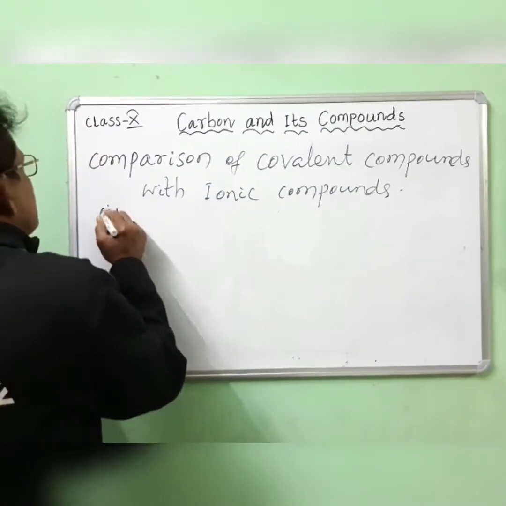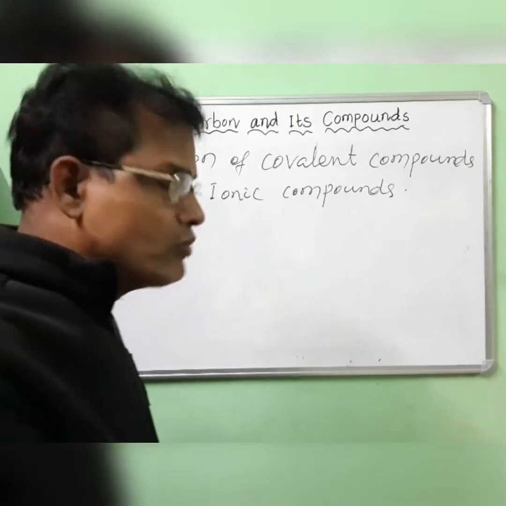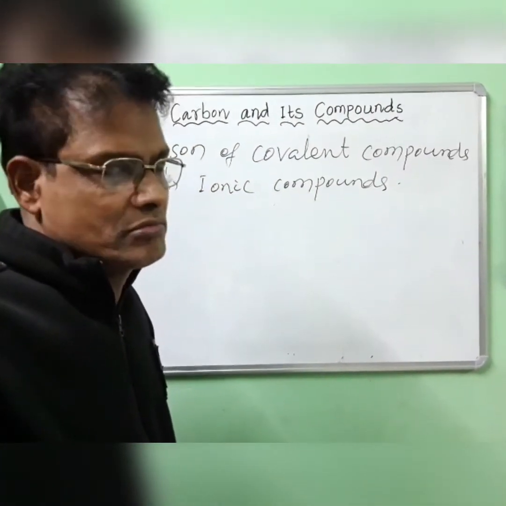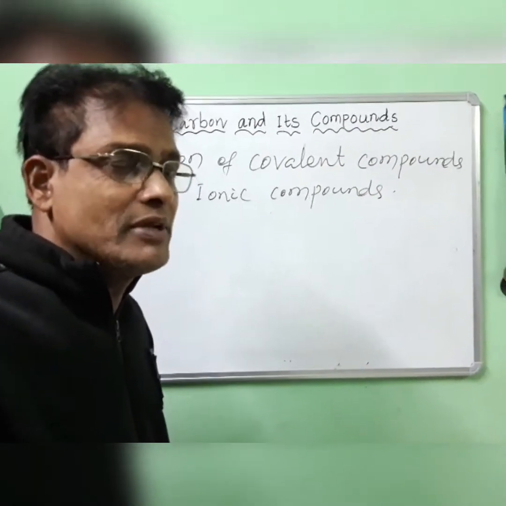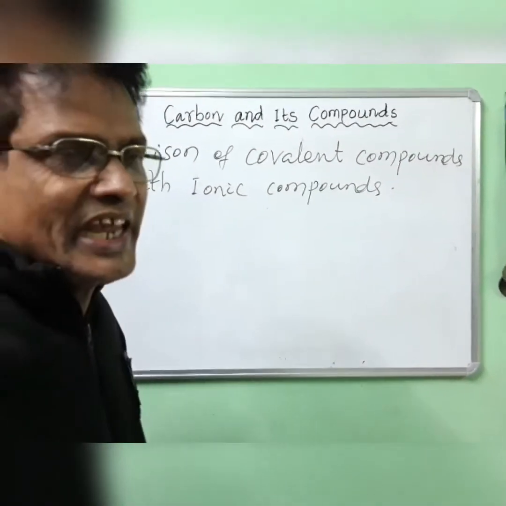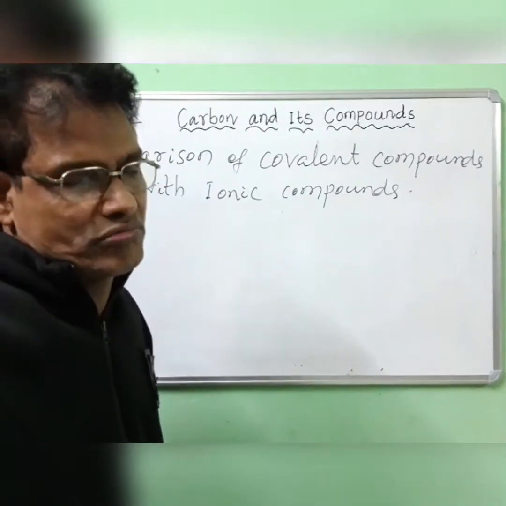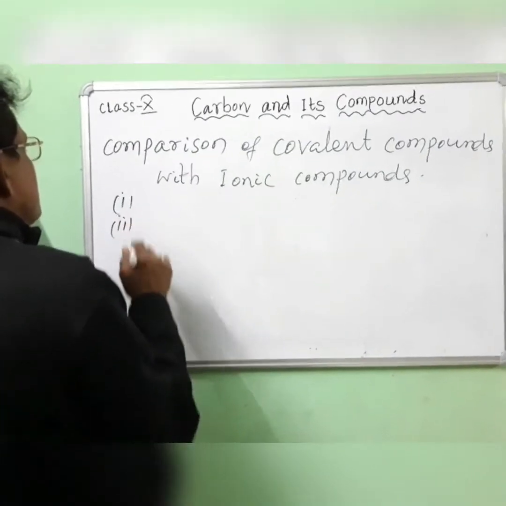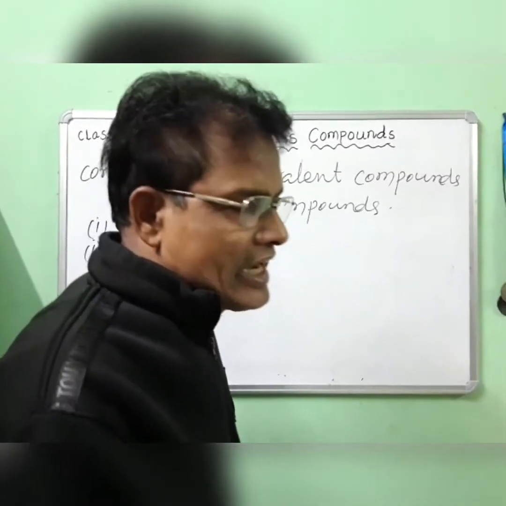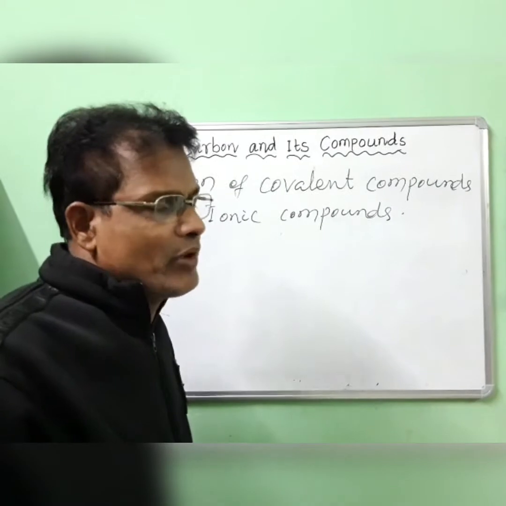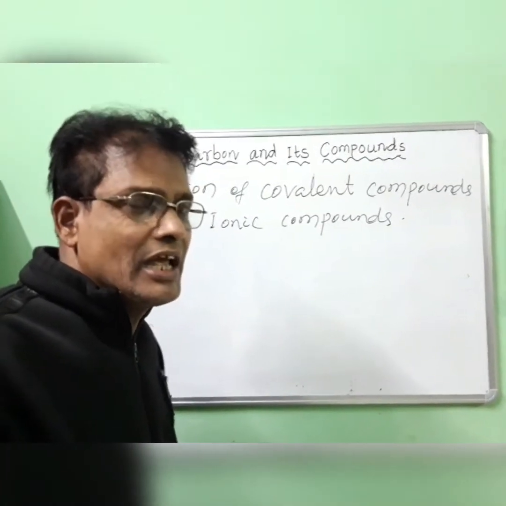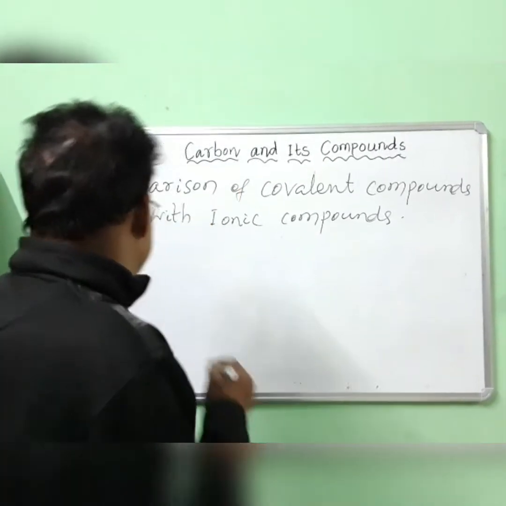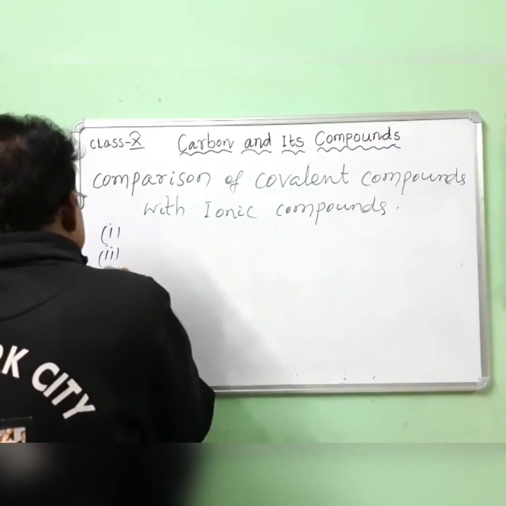First one is, covalent compounds have lower intermolecular force in comparison with ionic compounds. Okay. Second one is, covalent compounds have lower melting and boiling points than ionic compounds.